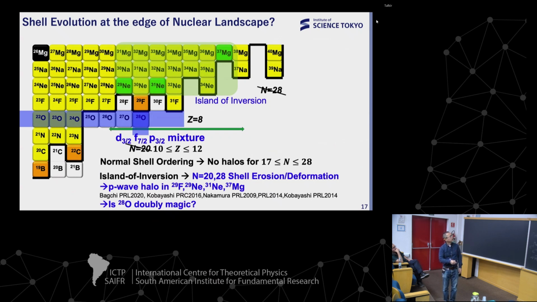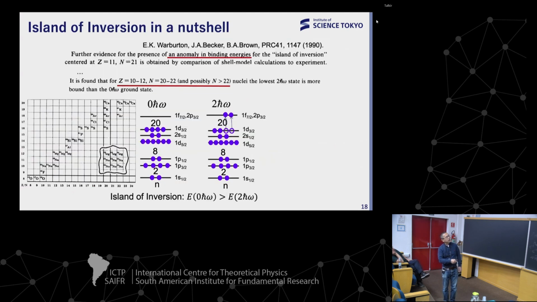So the question is, is oxygen 28 magic or not? Just briefly, maybe you are all theoreticians, so you know the island of inversion? Maybe I just would like to remark a little bit. Island of inversion was first proposed by these people, I think, in the 1990s: Warburton, Becker, Brown, a theoretical paper.